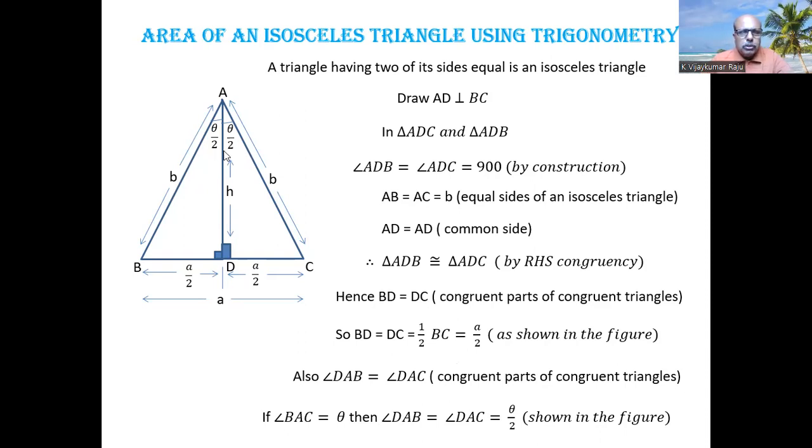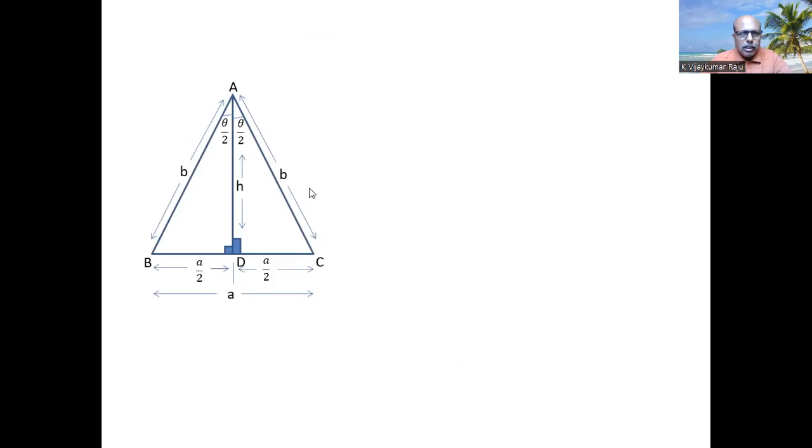Now let us use trigonometry to calculate using this particular triangle ADC. Now see this is the triangle. In triangle ADC, sine of theta by 2 I am taking. Sine theta by 2 is A by 2 upon B, opposite upon hypotenuse. So this will become sine theta by 2 is A upon 2B. Let us take 2B this side. It becomes 2B sine theta by 2 is A. So this means length of A is equal to 2B sine theta by 2.